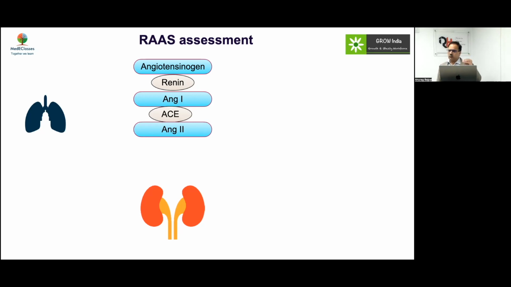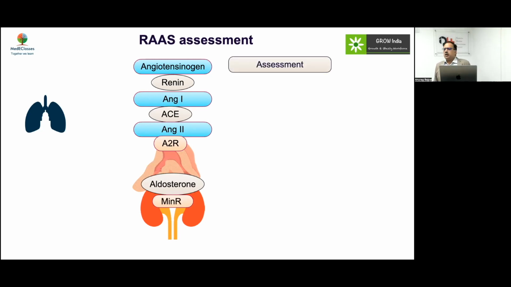Angiotensin 2 causes vasoconstriction, increasing blood pressure. It increases aldosterone secretion. It increases thirst. So it has multiple mechanisms by which it acts to increase the fluid status overall. And this aldosterone will then act on the mineralocorticoid receptor.